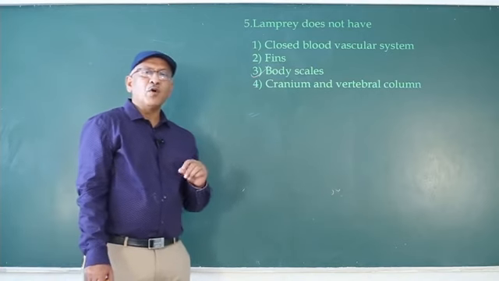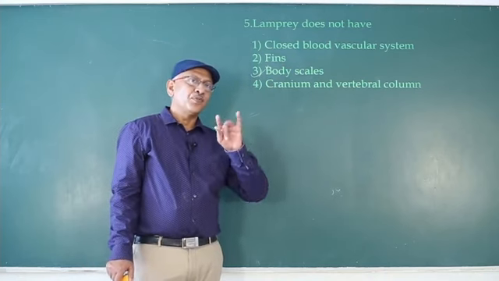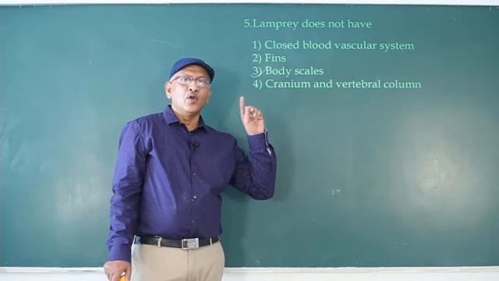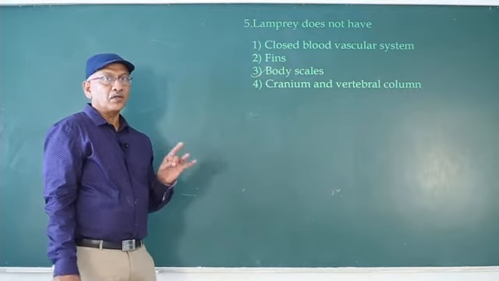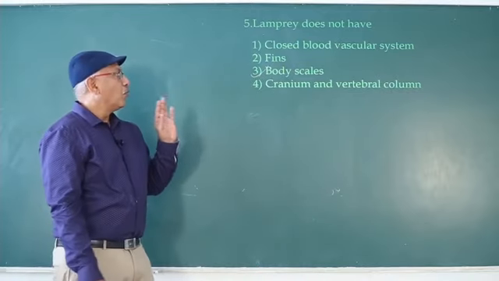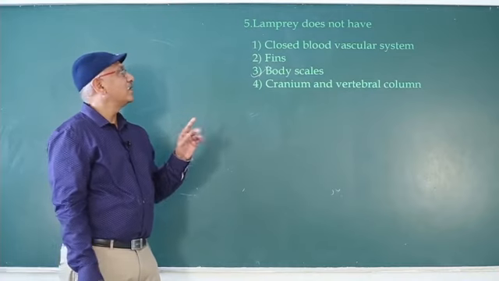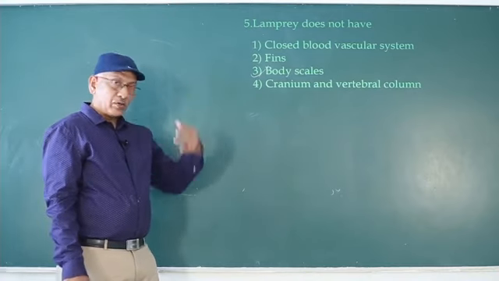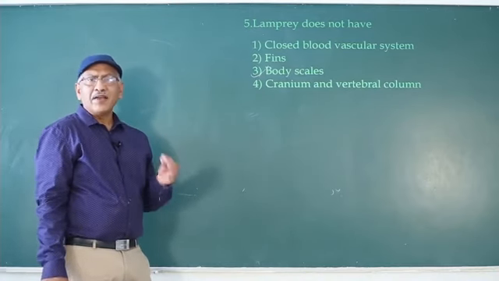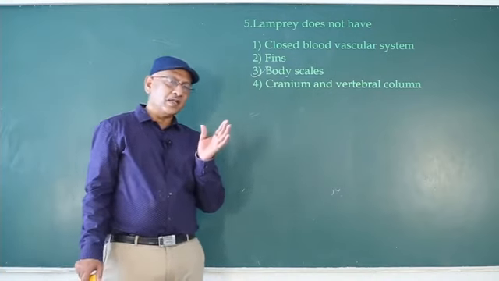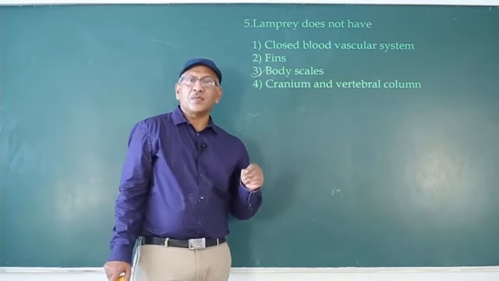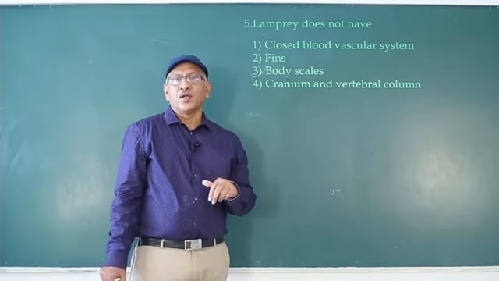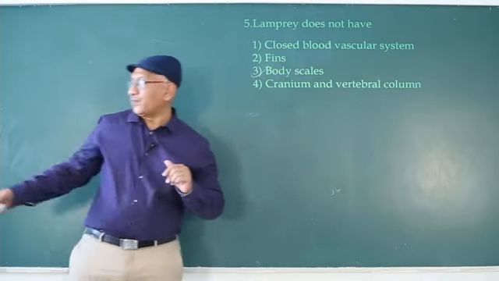In amphibia, the body is covered by scales only in Apoda. Once again, the body is not covered by scales in cyclostomata, and in amphibia there are no scales in Anura and Urodela. Scales are present in Apoda, the limbless amphibian.